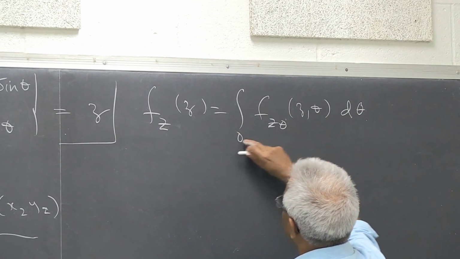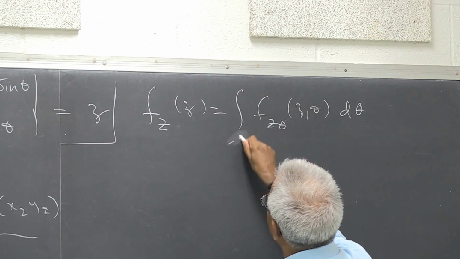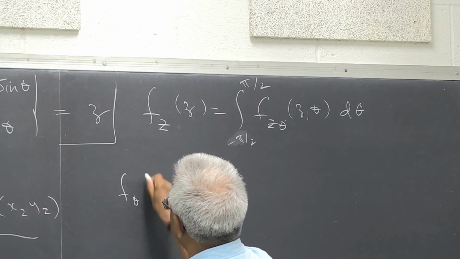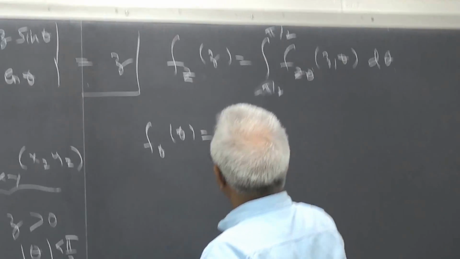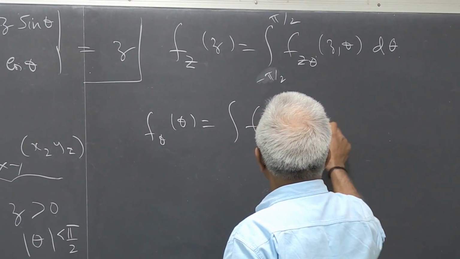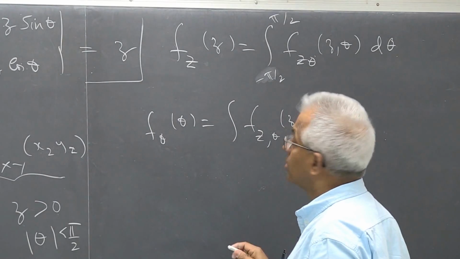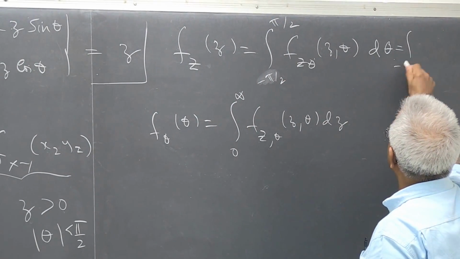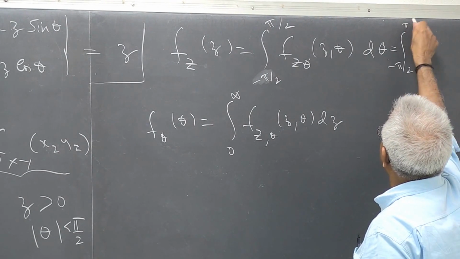D theta. Theta goes from minus pi by 2 to pi by 2. And f theta would be, I should integrate out what? Anyone? Z goes from where to where? Yeah, 0 to infinity. So let's substitute, and so this is minus pi by 2 to pi by 2.